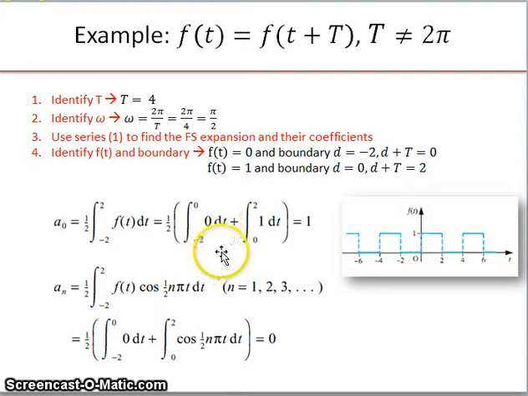From here, we solve the integral and get the a naught. And the same for the an here. In general, we will get this equation, where we need to identify the boundary and f(t) multiplied with cos omega n t.